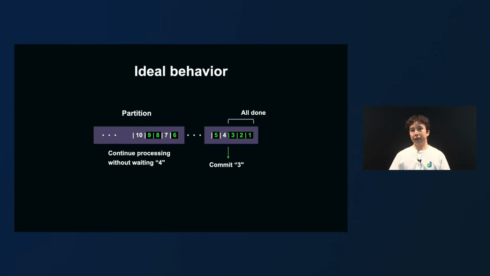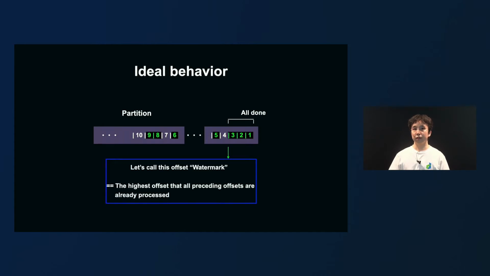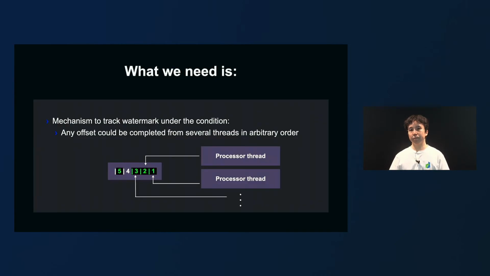Ideally, in this example, all preceding tasks should be done, so offset 3 is committed, and processing will continue without waiting for 4 to be completed. In Decaton, the highest offset for which all preceding offsets are already processed is called the Watermark.